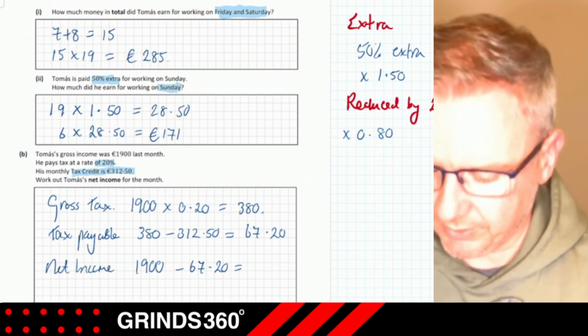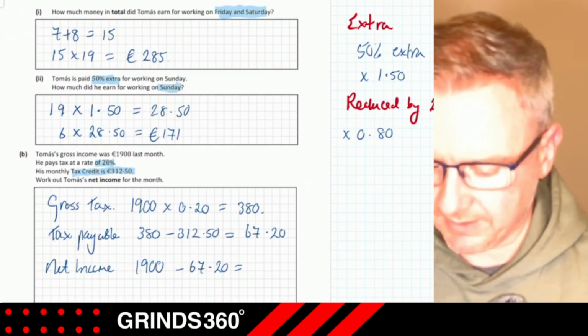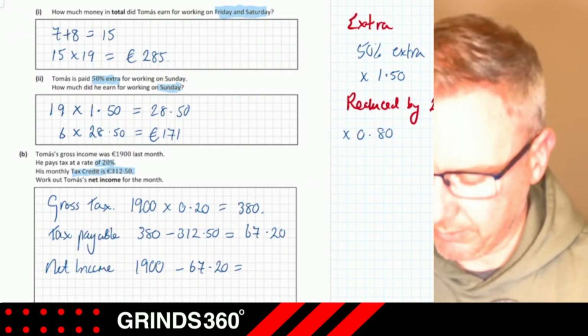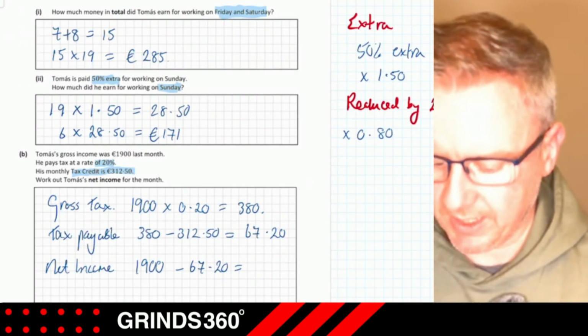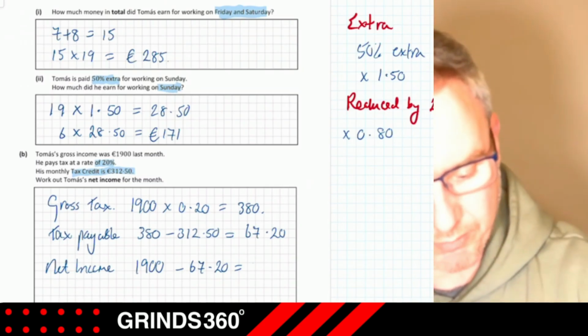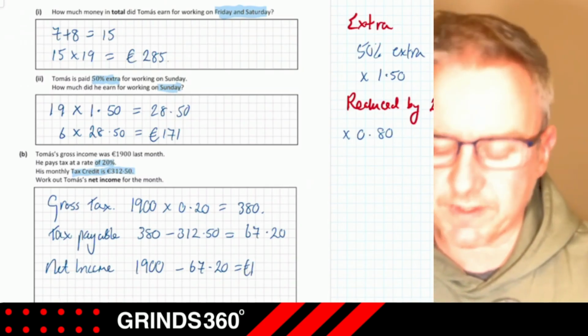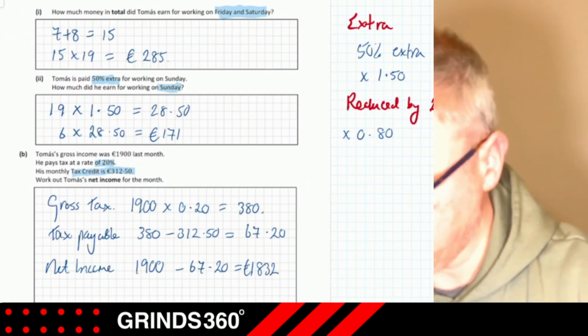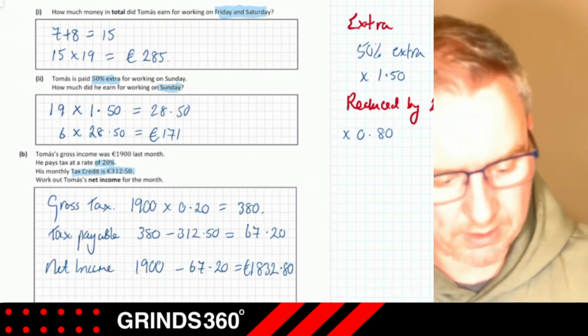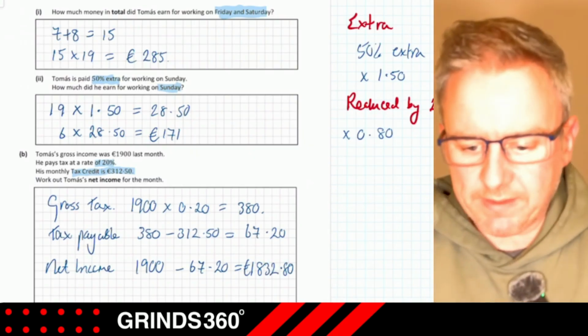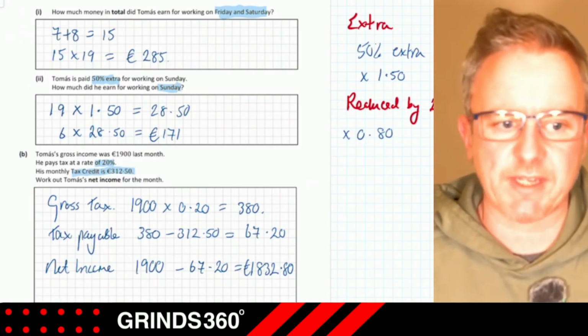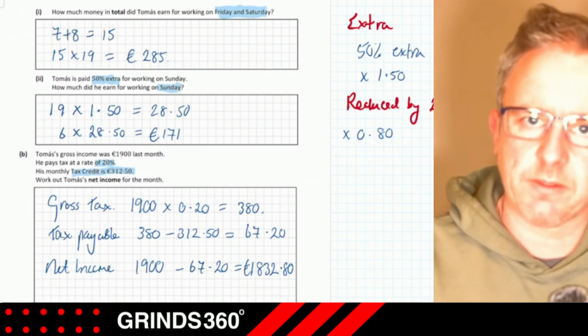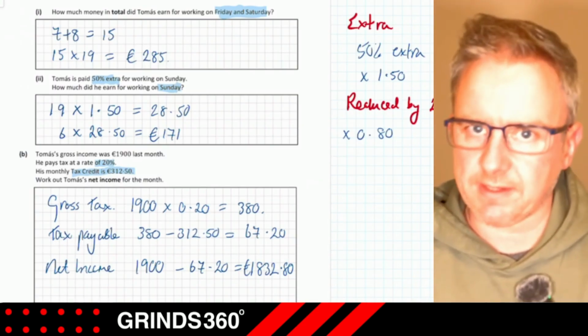So 1,900 minus the 67.20. Okay, and we're coming along and we're saying that the total income there, and make sure you have your euro sign in on it now because it's your final answer, 1832.80 coming in there. Okay, right, so to go back to that question, so about the different rates of tax. So you can see 2024, you were just asked the standard rate of tax.